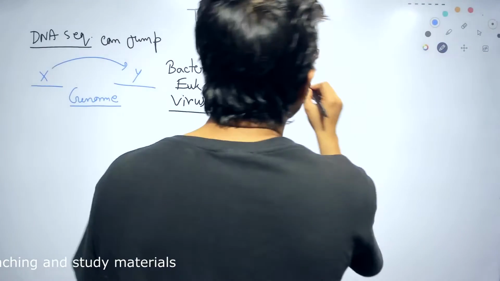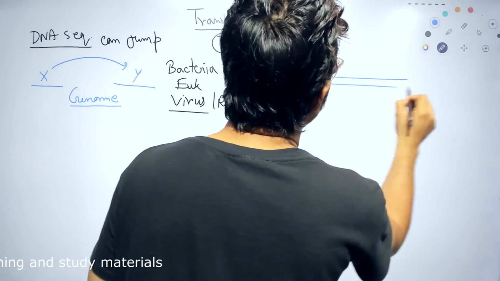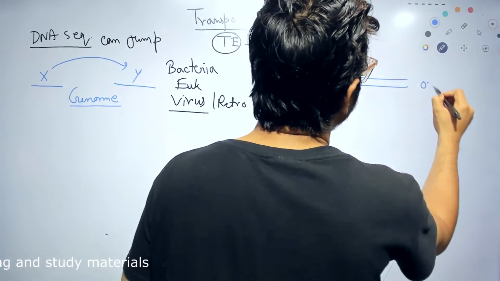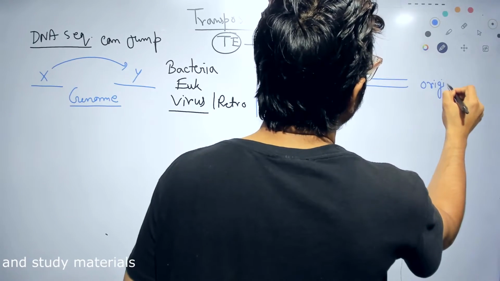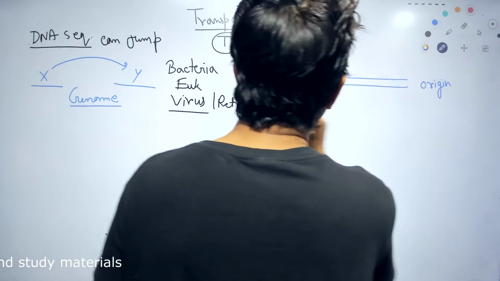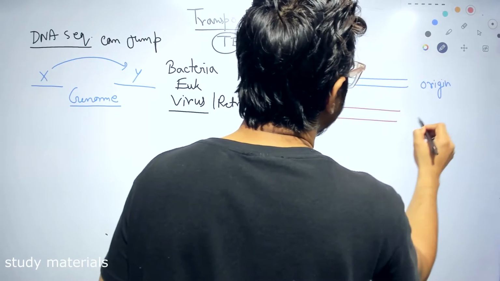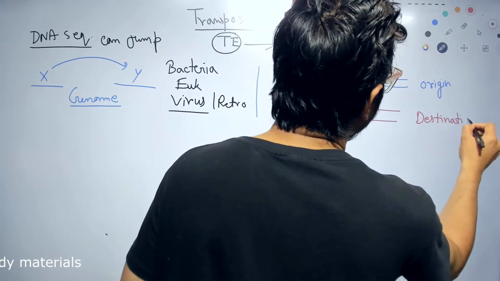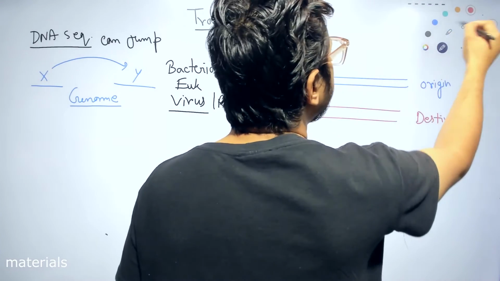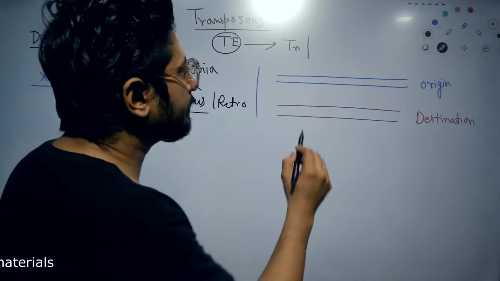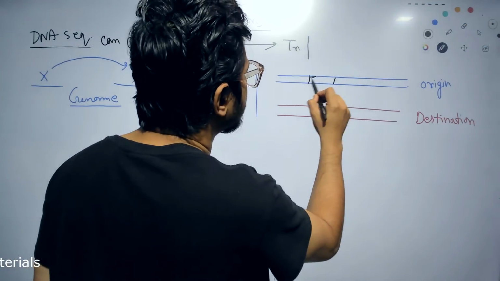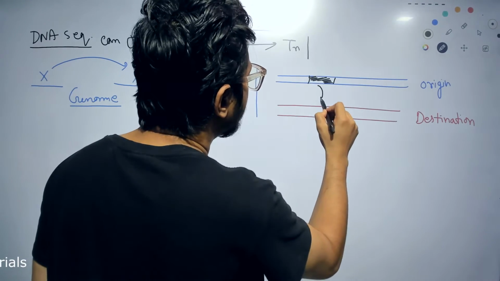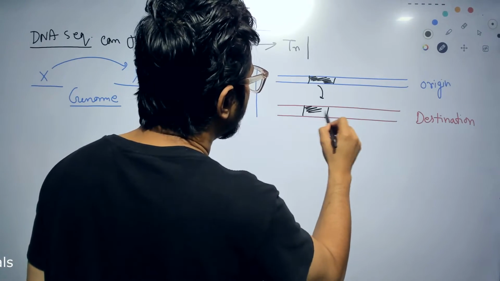Now you know the transposable element. Let's say this is the DNA, this is the origin of the transposable element, and this is another DNA, this is the destination of the transposable element. What we can clearly see here is that the transposable element, let's say black in color in the middle here, can put itself from the origin to the destination.